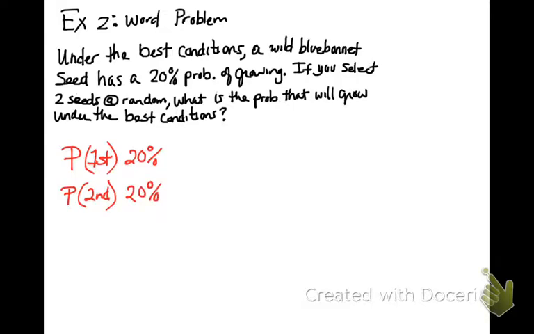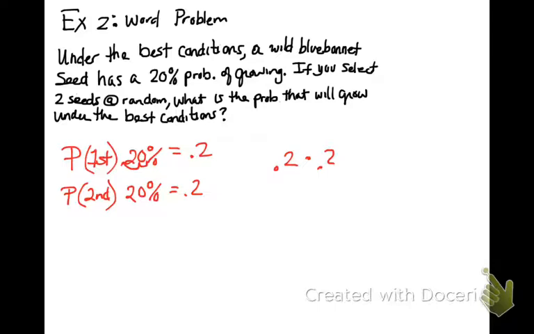Now, you can't multiply with percentages. You have to turn them into decimals. So you have to remember you have to move it over twice. So it's 20% equals 0.2. So, again, the probability of independent events formula is 0.2 times 0.2.